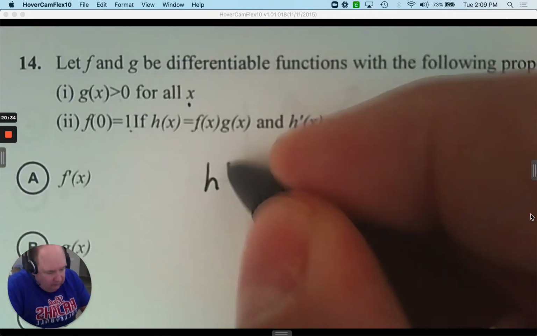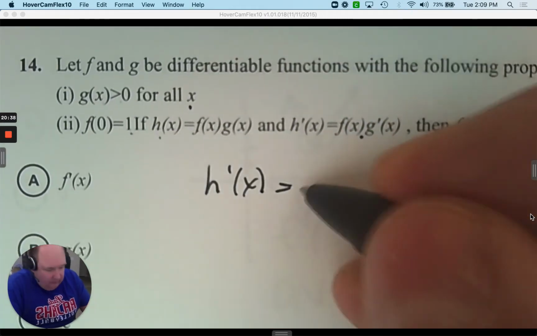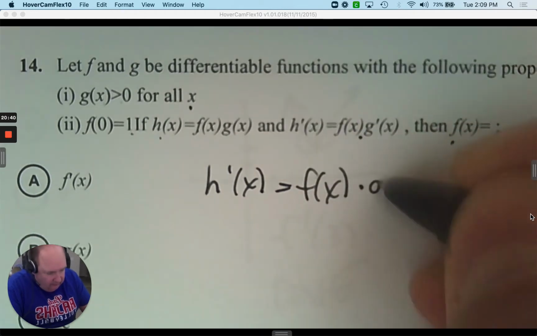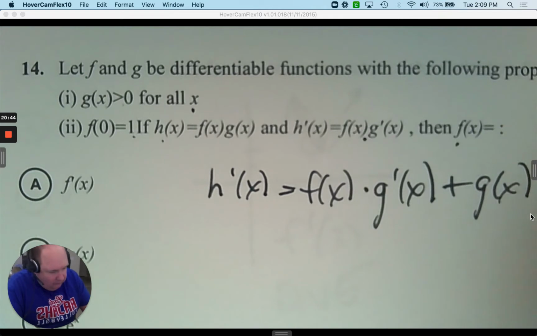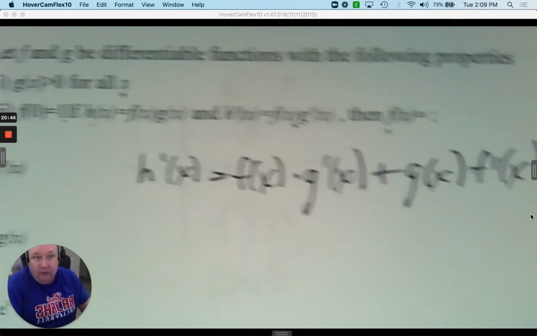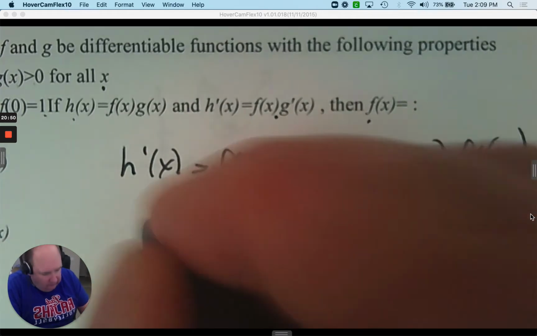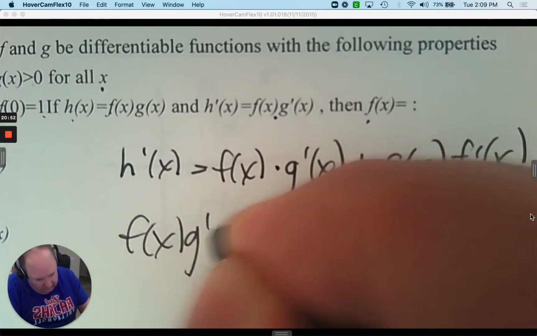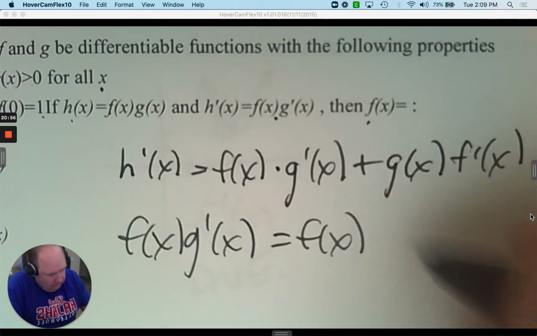Okay, so the derivative of h at x is the first times the derivative of the second plus the second times the derivative of the first, right? It says when you take the derivative, it's also equal to this. So we're going to make them equal to each other.